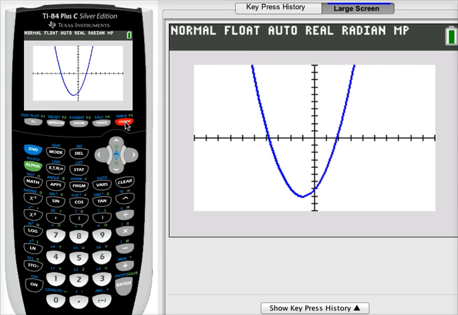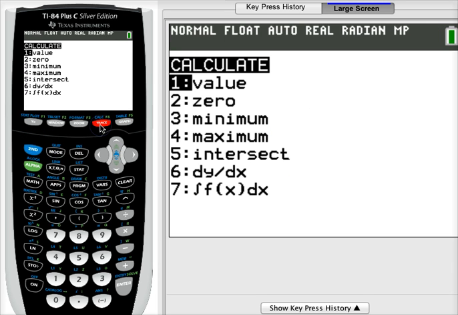Now, it's going to be very similar to the process I taught you for the relative maxes and mins. So first, we're going to go under that calculate tab. And to get to calculate, remember we hit second, trace. But now, instead of going to minimum or maximum, this time I'm going to the zero function. I want it to calculate the zero for me.